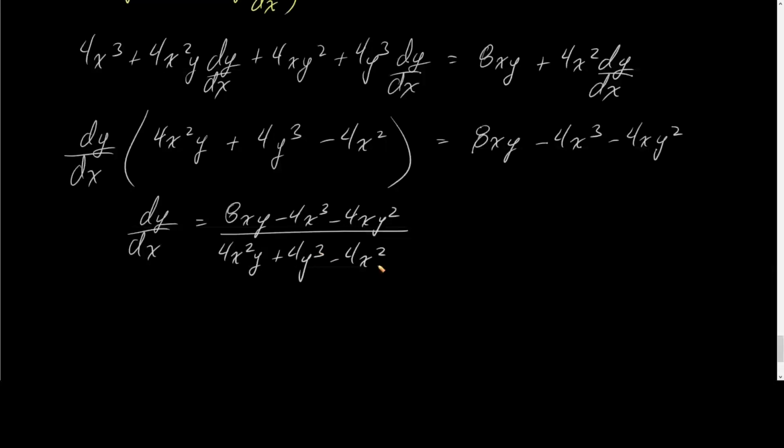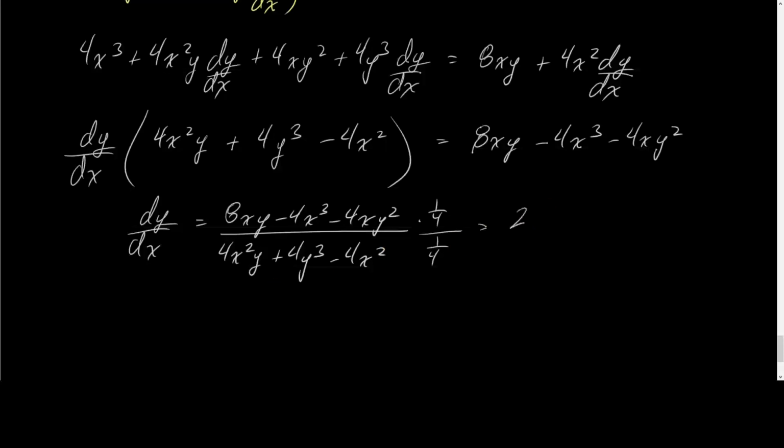The next thing I notice here is that everything here is divisible by 4. So I can multiply everything here by 1 over 4. In other words, think about it as dividing everything by 4. Here I'm using it as multiplying by 1, but this one is 1/4 over 1/4. And what does that give me?